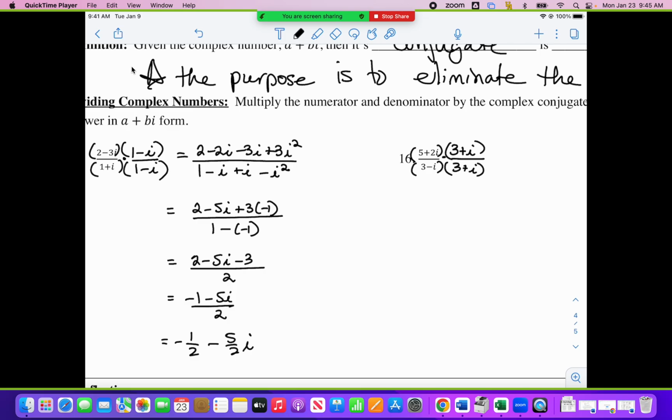If your denominator doesn't cancel out the i's, you've made some sort of mistake.